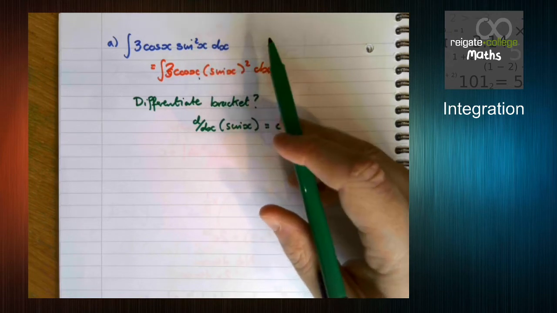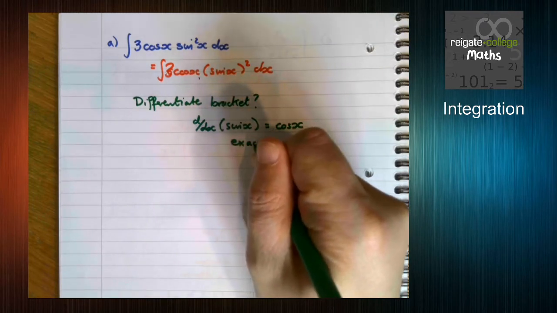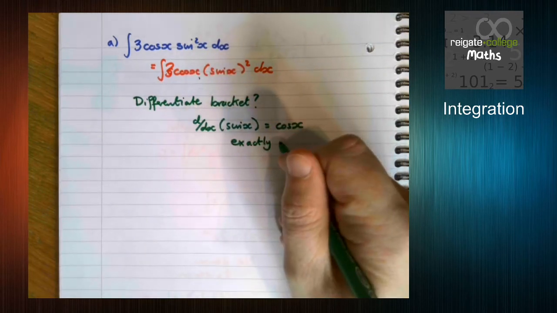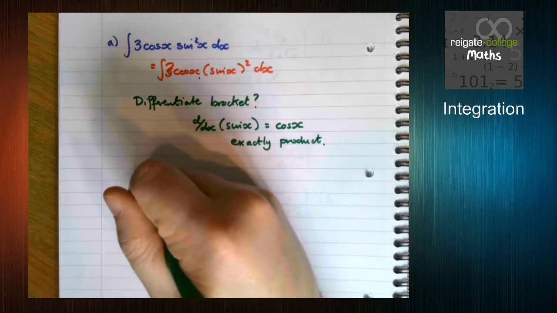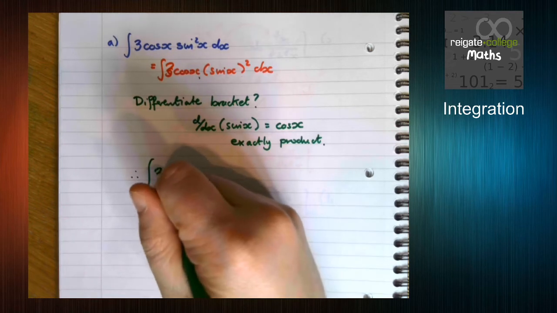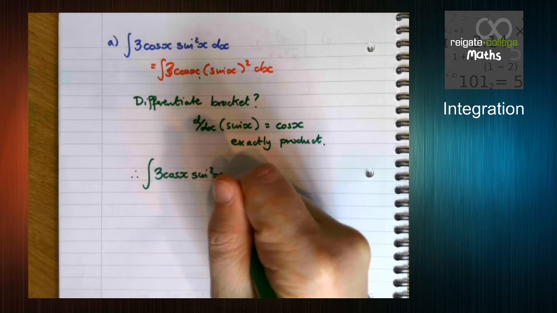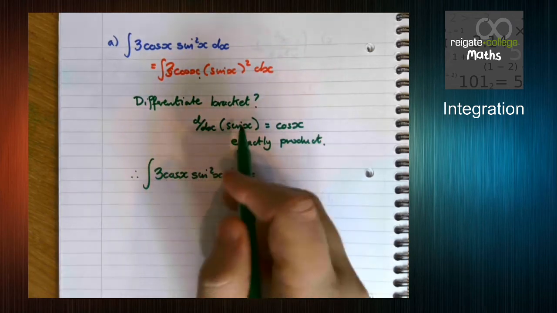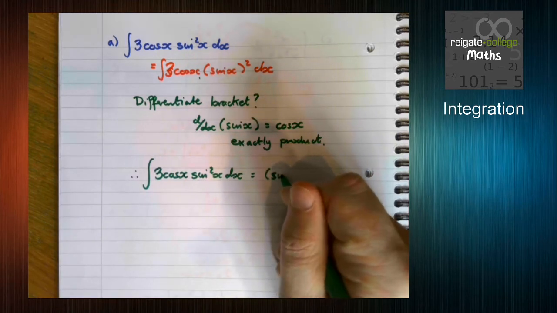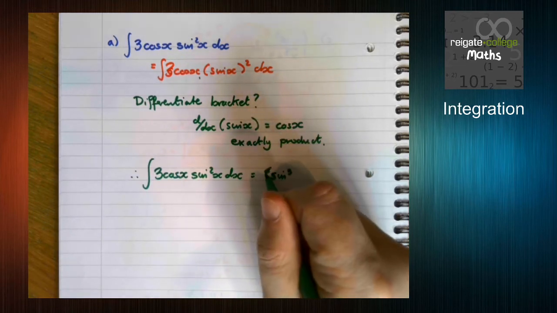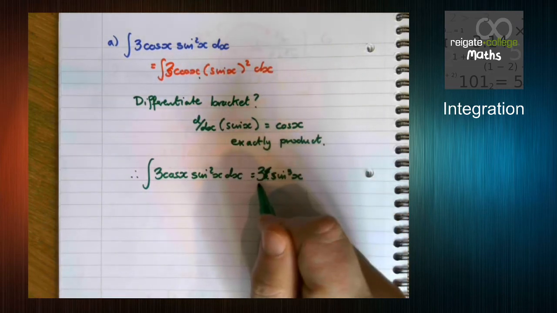Increase the power by 1, divide by the new power. So this is exactly what's on the front. So the integral of 3 cos x sine squared x: we take the bracket, we're going to increase the power by 1, so sine cubed x, 3 stays there, and then we divide by the new power.